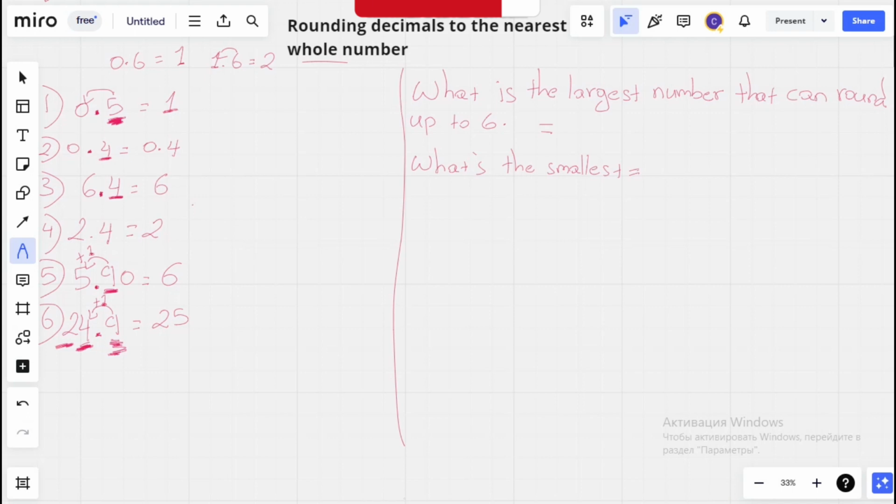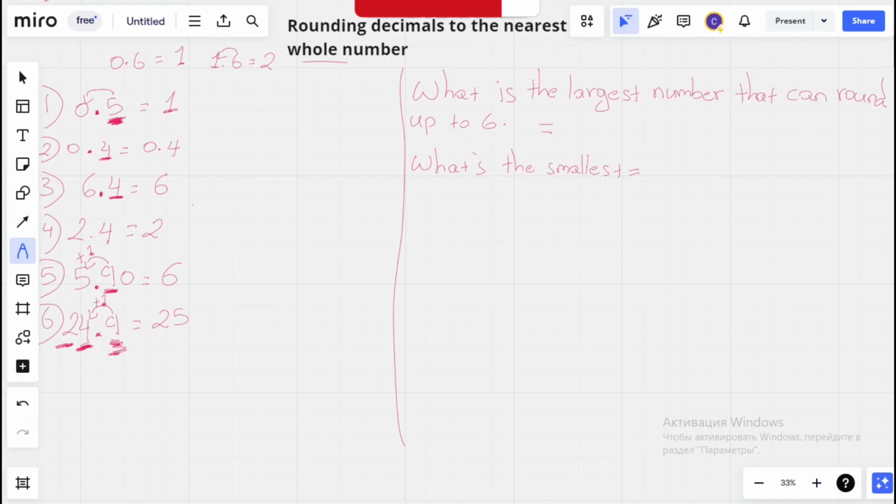Now, there's some questions that come in different forms. So rounding to the nearest whole number can seem really easy, but in tests, especially in final exams, they always try to confuse you by making it into word sentences. So for example, what is the largest number that can round to 6?